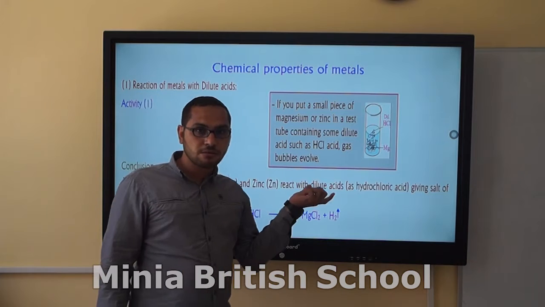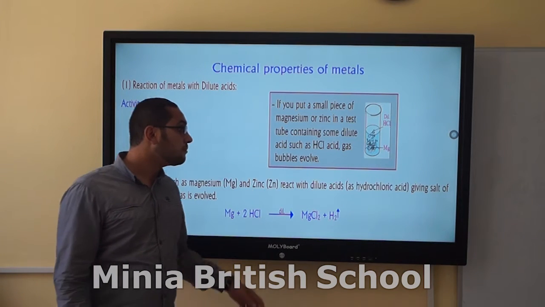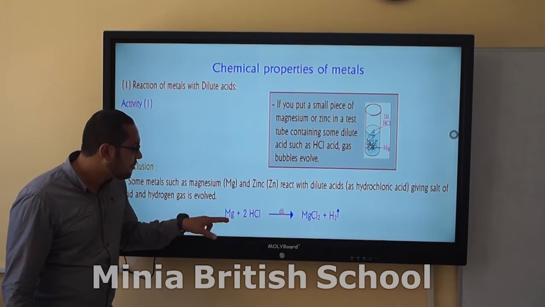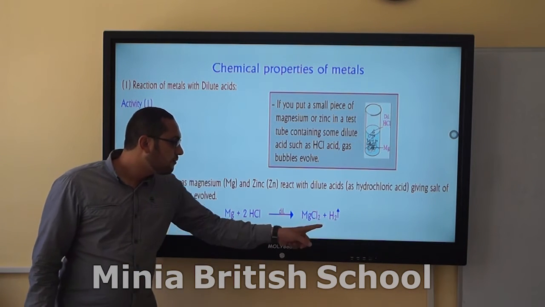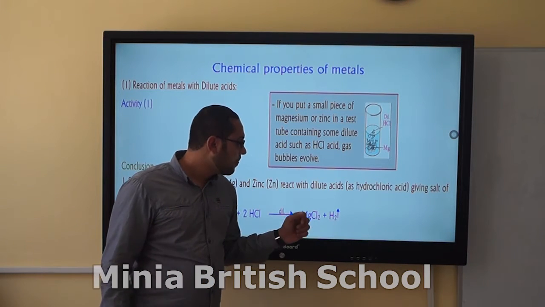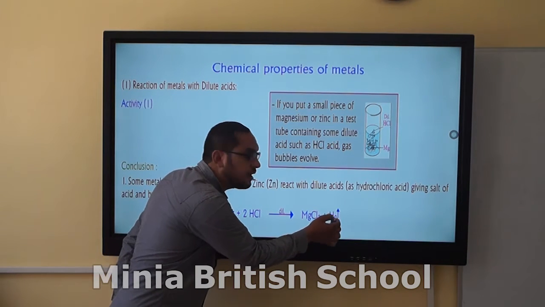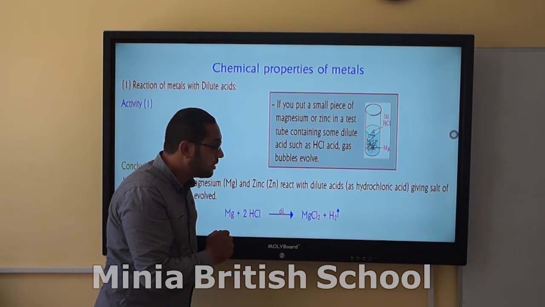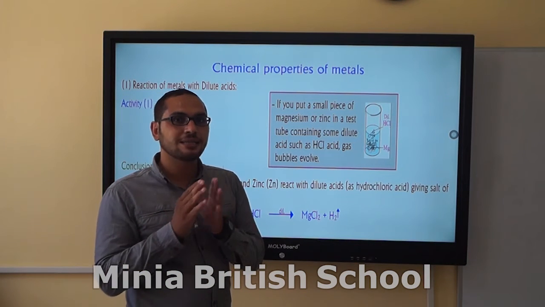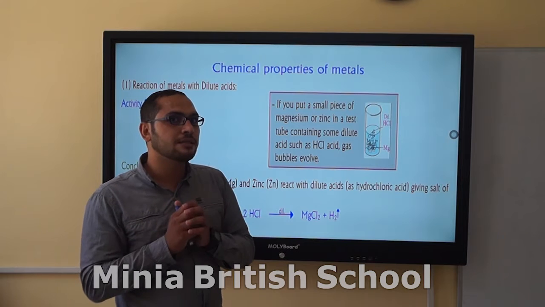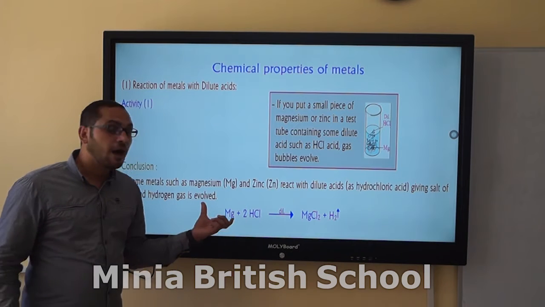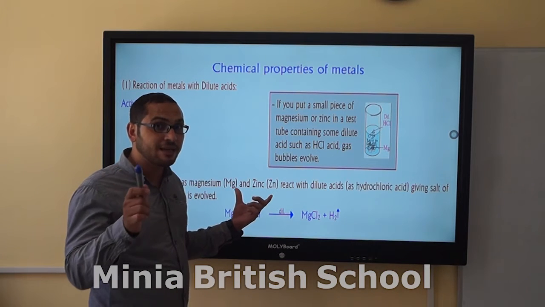We can express this reaction by this equation. Magnesium reacts with HCl forming MgCl2 plus H2. This arrow here indicates that a gas evolves, whether hydrogen gas, oxygen gas, nitrogen gas, and so on. Do you remember equation balancing?